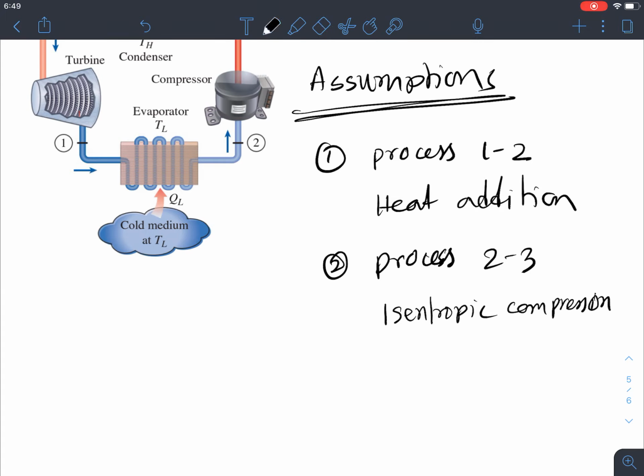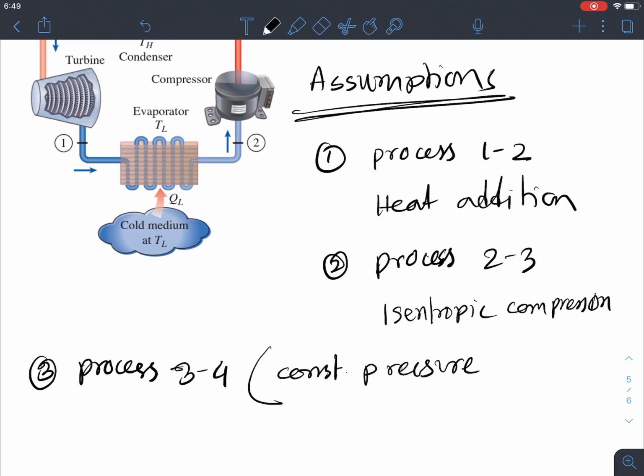Let me write it on this side. Process 3 to 4, it's constant pressure heat rejection.